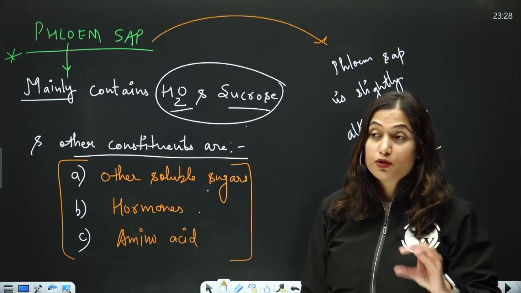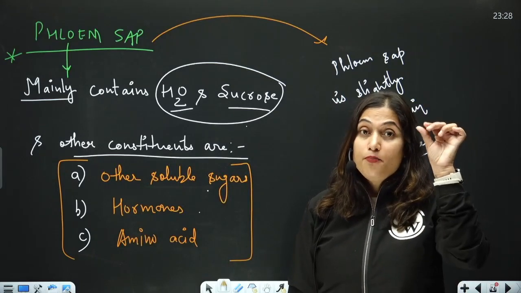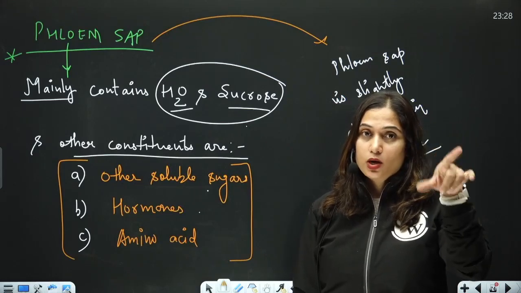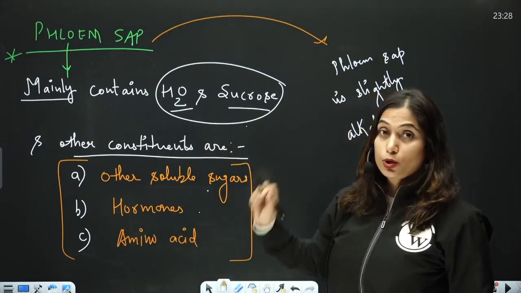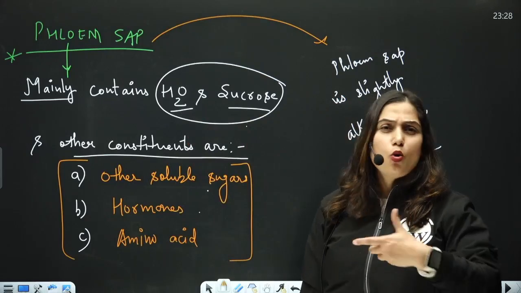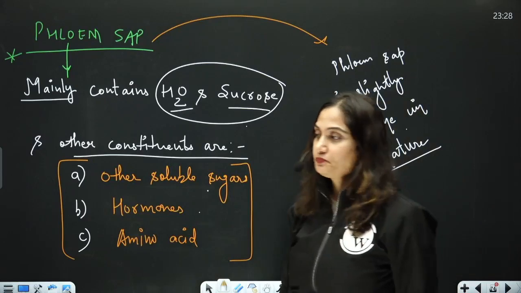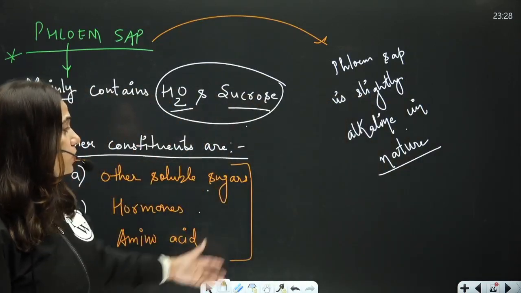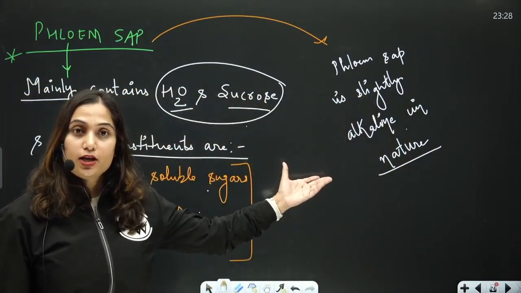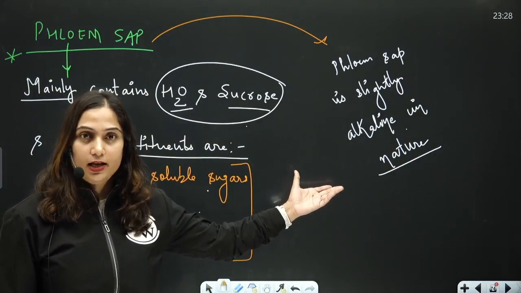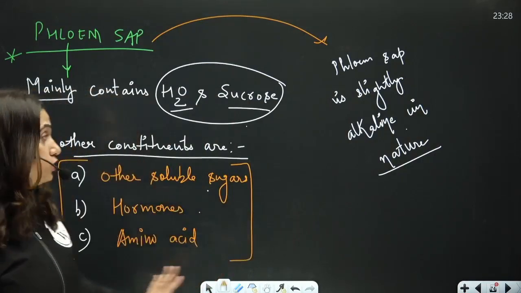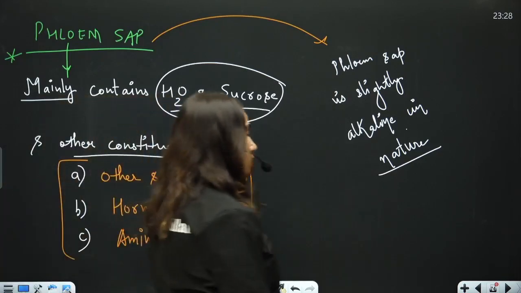If the question says main ingredients of phloem sap, your answer will be water and sucrose. Then if it asks the overall composition of phloem sap, this. Clear? Okay. Now this was the question of NEET, that the nature of phloem sap is slightly alkaline. So these things need to be remembered.